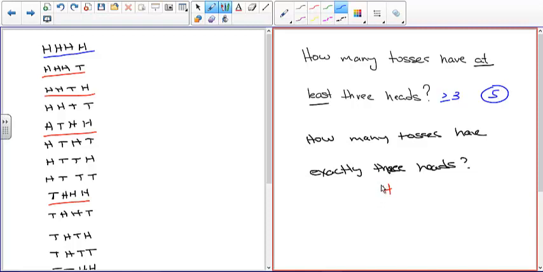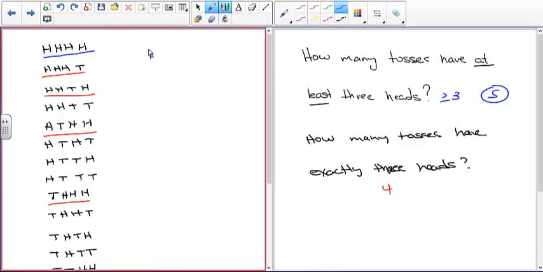Then you could look at exactly 2 heads, and that's one that's going to have the most. So let's just look at that question. Exactly 1 head, or 0 heads, 1 head, 2 heads, 3 heads, 4 heads, and those are our choices.